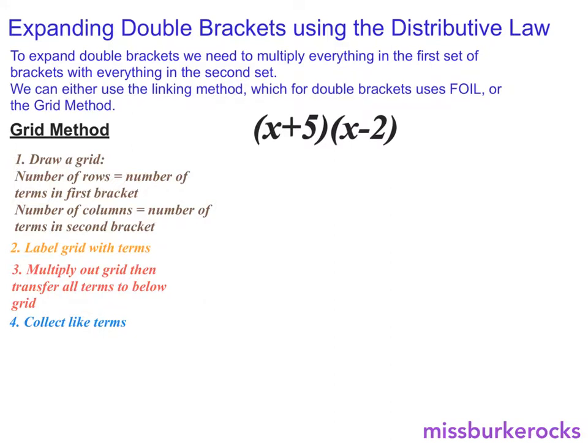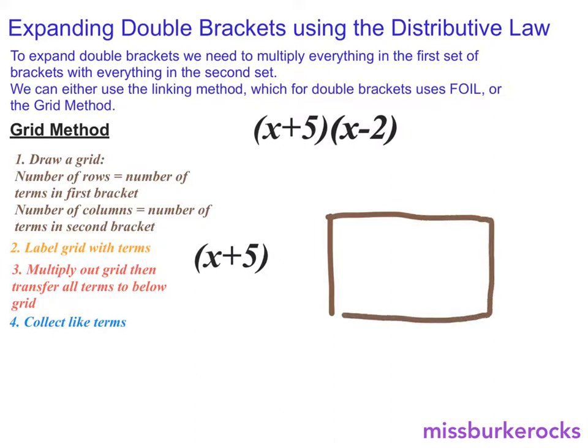For my first bracket, I'm going to have x plus 5. I need to make sure that I have my 2 rows. And then for the top, I have x take 2, which gives me 2 columns.